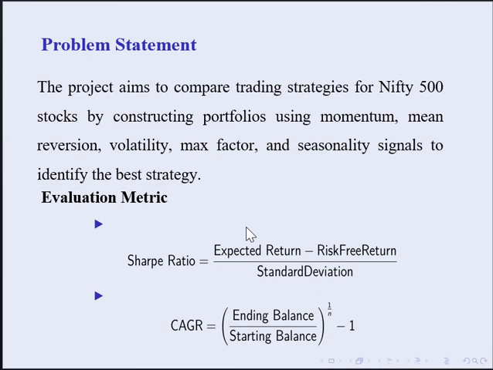The main goal of our project is to compare various trading strategies for Nifty 500 stocks. For that, we use various signals like momentum, mean reversion, volatility, max factor, seasonality, etc. By using those signals, we try to find the best strategy which performs best in terms of both return and stability.